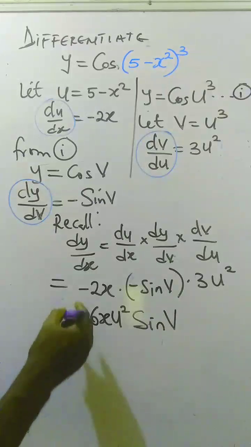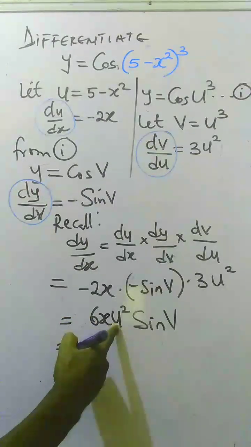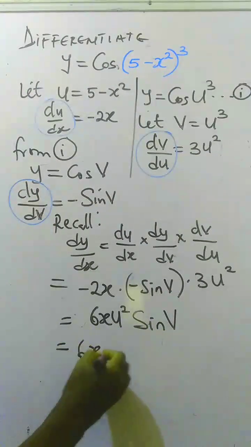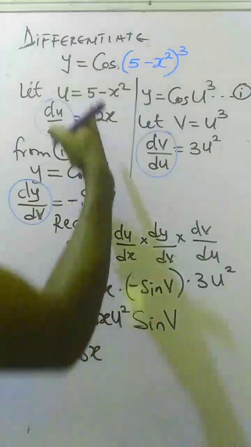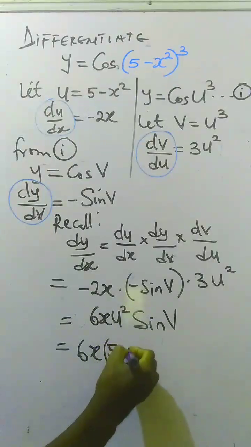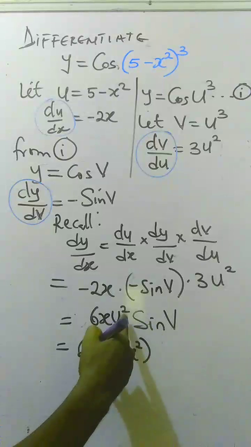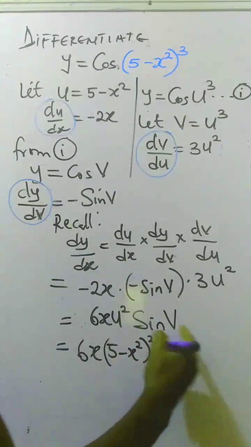Finally, all I'm going to do now is substitute my value for u and my value for v. So that will be 6x, and remember our u is 5 minus x squared, so put 5 minus x squared with a square on it, sine v.